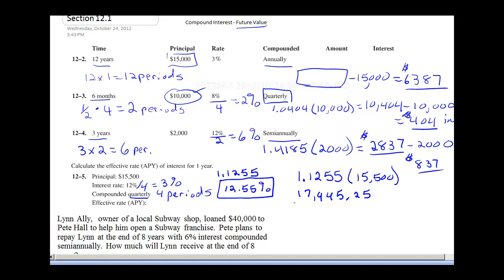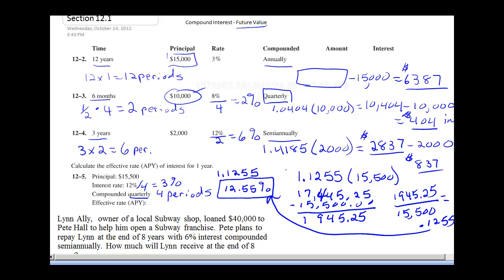That would be the total amount, so the interest would be, subtract our 15,500, and the interest earned here was $1,945.25. The formula in the book says take the interest, divide it by the principal, which was 15,500, and that will give you APY. And indeed, it does give you that same 0.1255, which we can turn into a percent, and we'll have the 12.55% that way. Either of those is a perfectly legitimate way to work that problem.